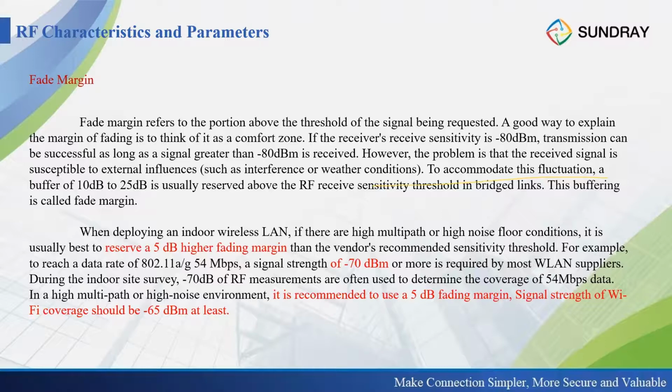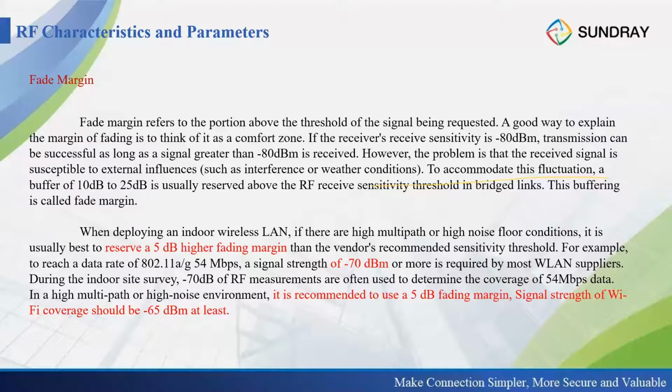Also we need to consider another 5 dB fade margin. There may be people around. Maybe you have a phone, you're walking, and some people walk in front of you. It also blocks the signal. So you have that 5 dB fade margin.